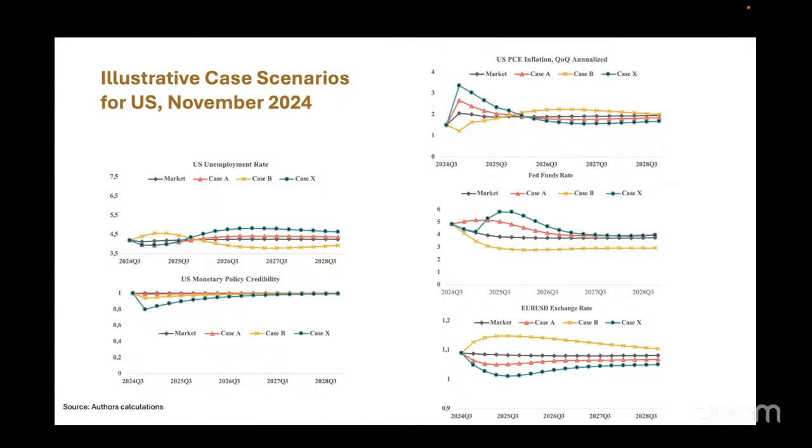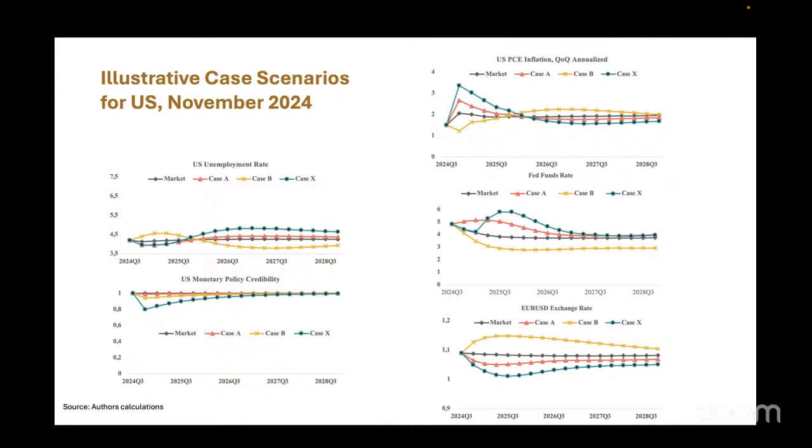This relates to strong demand in the economy, recent policy shifts, and so on. But still, this soft landing continues to be relevant. And this market reference scenario can act as a benchmark for our alternative scenarios, such as case A, B.